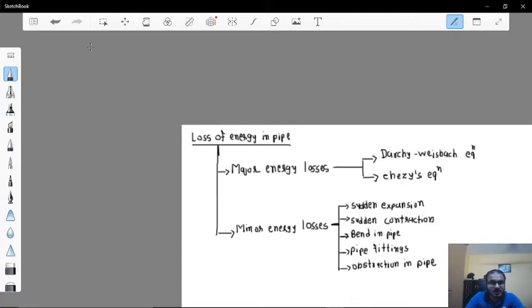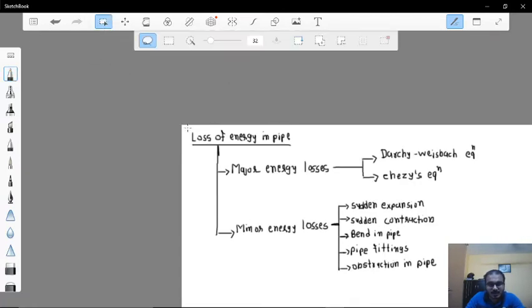So these are the list of losses that can occur in a pipe.